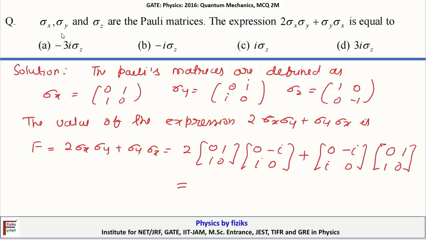It is equal to 2i times the matrix 1, 0, 0, minus 1, equal to 2i sigma z. That is option C is correct.